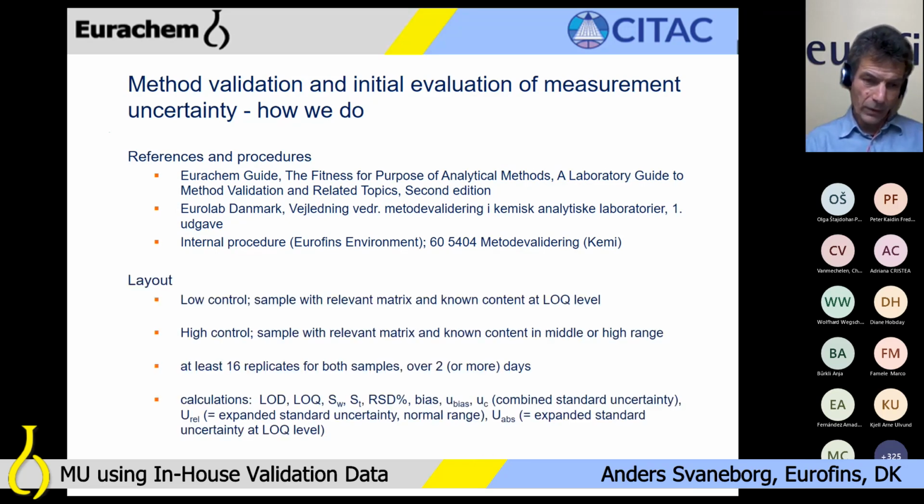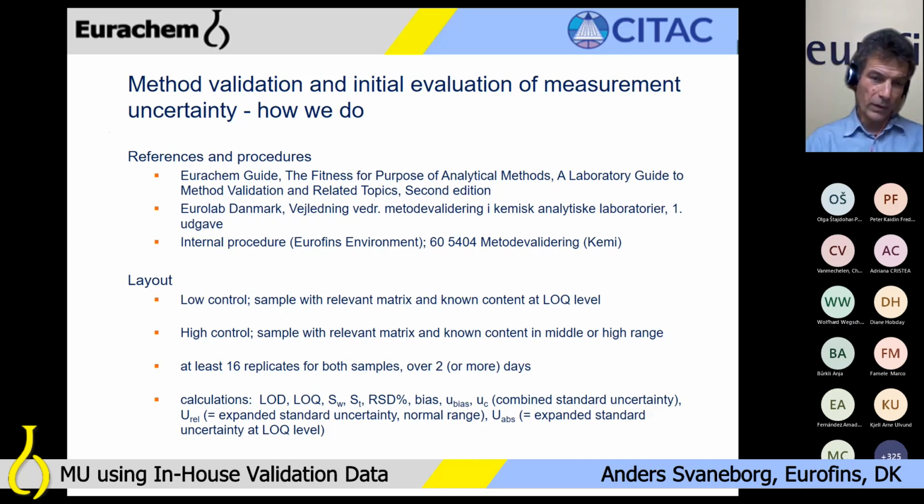The layout of the validation is a so-called standard layout, which is the minimum we do, and then sometimes we do more than that. But we have a control sample with known value in the low concentration area near LOQ. Then we have a high concentration sample in the middle or high range. We make as a minimum 16 replicates for both samples over 2 or more days.